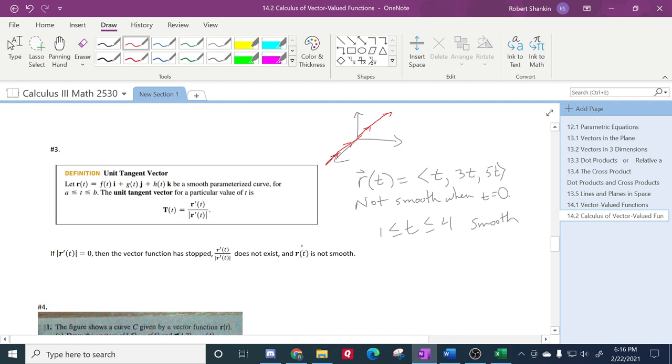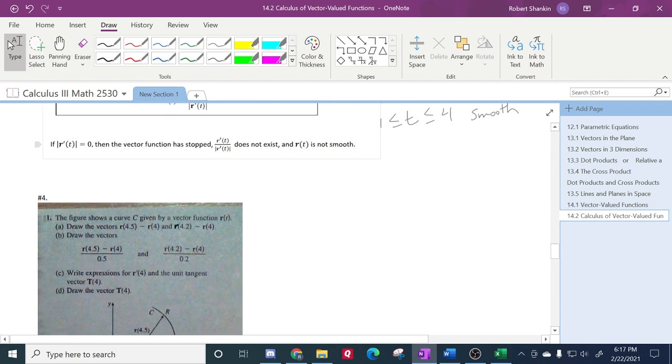So I don't think that we'll have a graphical representation of smooth. But it does present some problems at certain times, like it doesn't have a unit tangent vector, and so on. So that's why a number of the theorems will require smoothness. Good question.